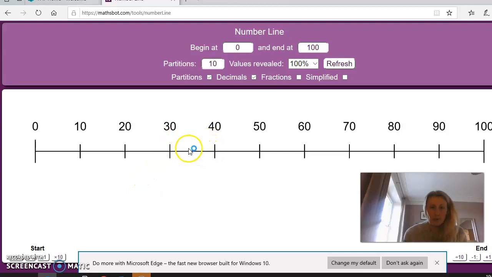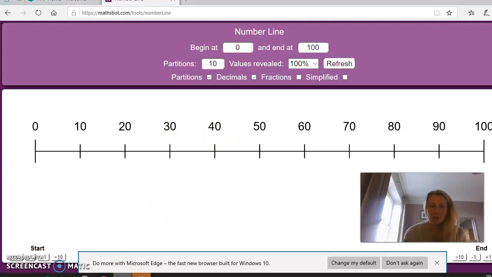If I was estimating where 35 was, I would say it's bigger than 30 and smaller than 40. So I'm going to put 35 right in the middle here. I can see that the tens between 35 are 30 and 40. The tens between 35 are 30 and 40.